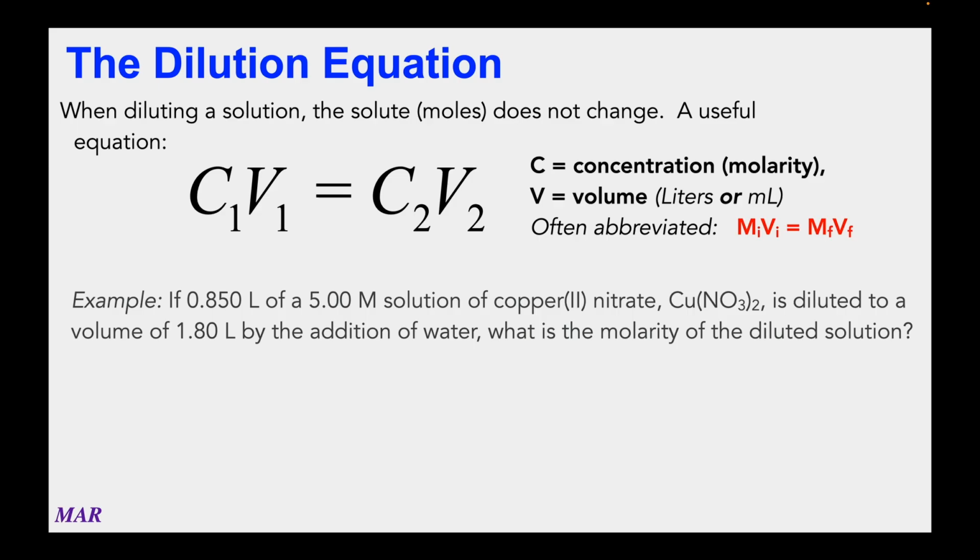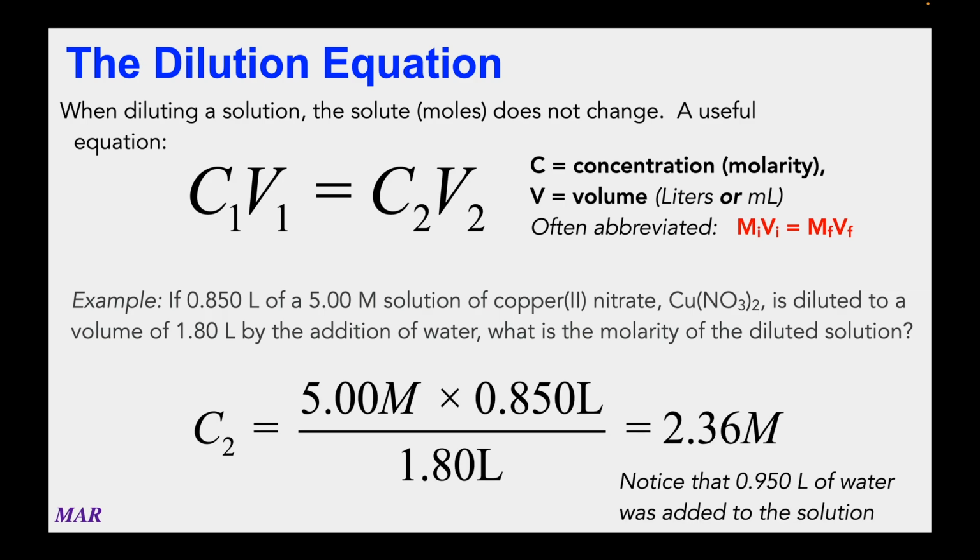You essentially want to solve for C2. So C2 would be C1 times V1 over V2. It's pretty chill. So in this case, 5.00 molar times 0.850 liters, that's C1 times V1. We'll divide it by V2, 1.80 liters, and 2.36 M would be the final concentration, C2.